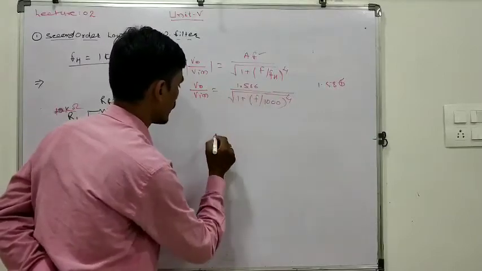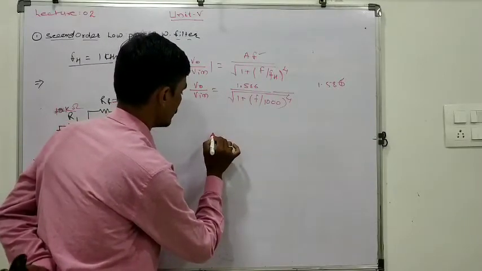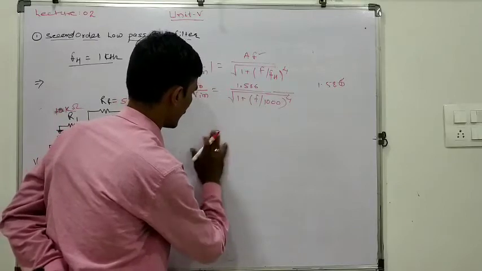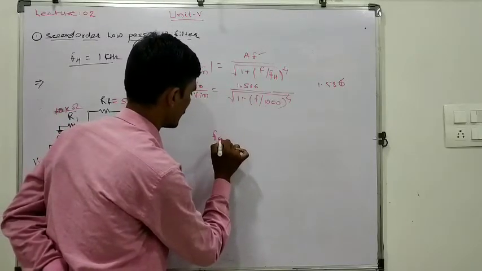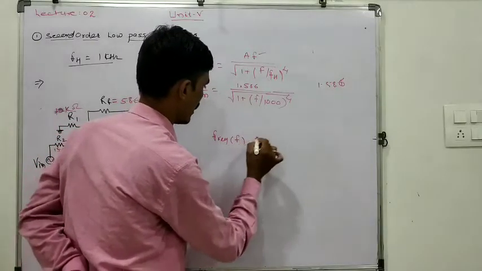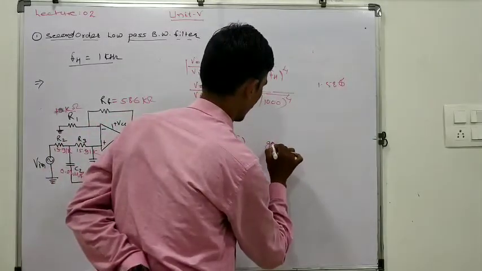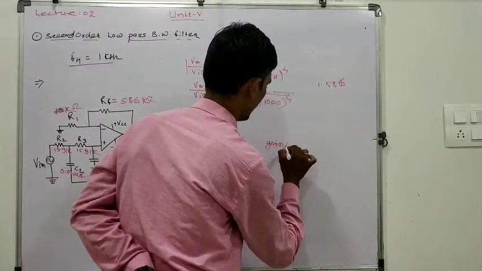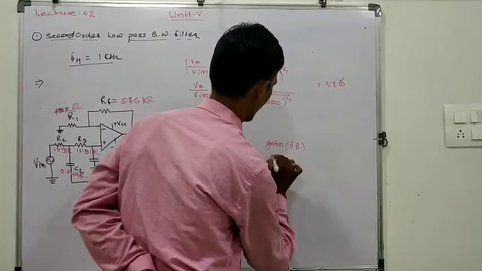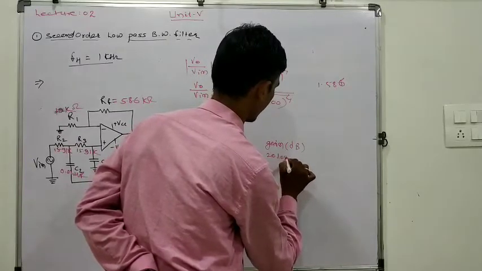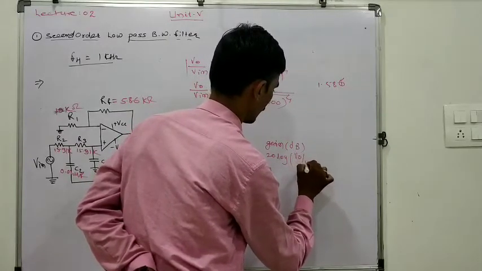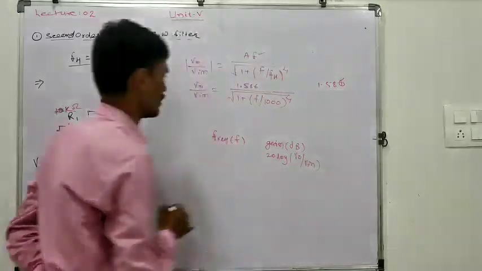For plotting the response, we have to design the table, that is frequency F, and here gain in decibel, that is 20 log of VO by Vin. Is it right?